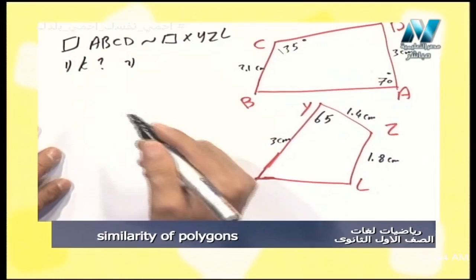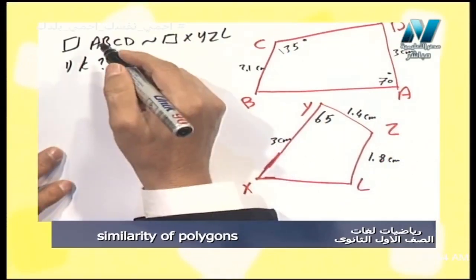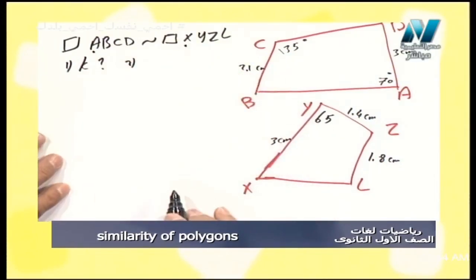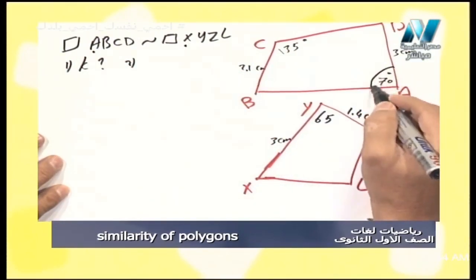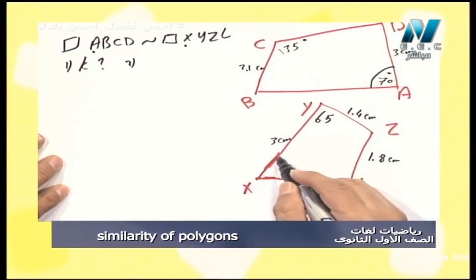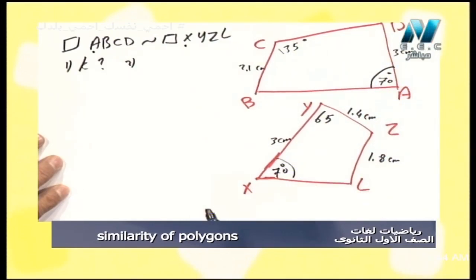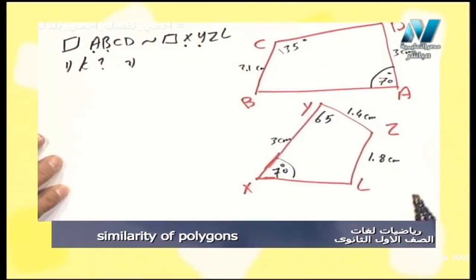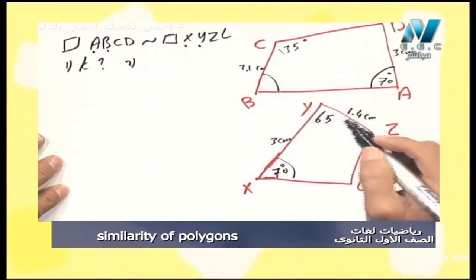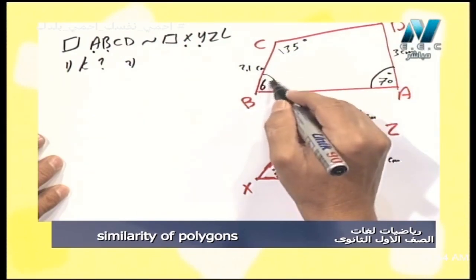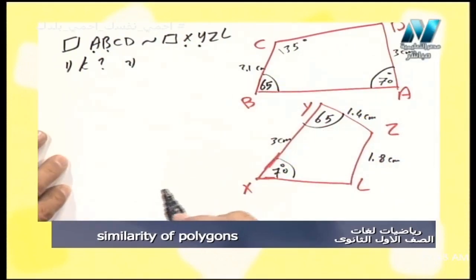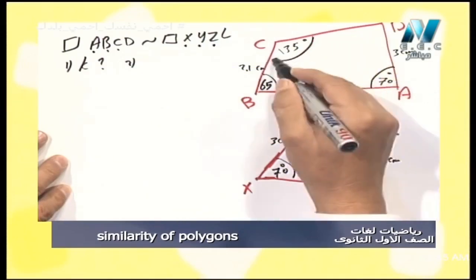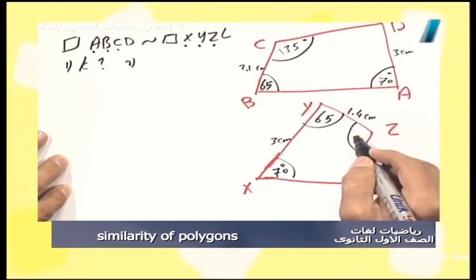Let's first put in the sides and the angles. Measure of angle A equals measure of angle X. Where is A? A is 70 degrees. So measure of angle X equals 70 also. The measure of angle B equals the measure of angle Y. Where is B? B here and Y here is 65, so it's 65. Okay, measure of angle C equals measure of angle Z. C equals 135 and Z of course equals 135 also.